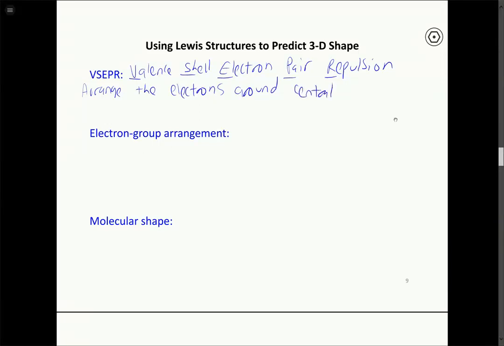The central atom is going to have several pairs of electrons that are bonded to the outer atoms, as well as possibly, as we saw, one or more lone pairs on that central atom. So we're going to arrange electrons around the central atom as far away from each other as possible. That's really the whole idea of VSEPR.